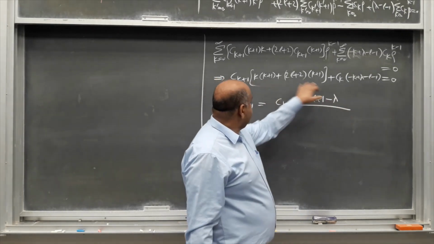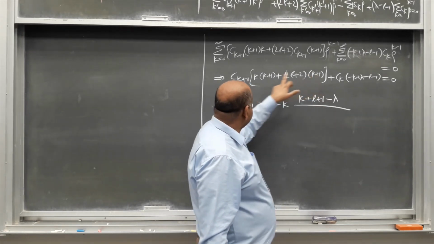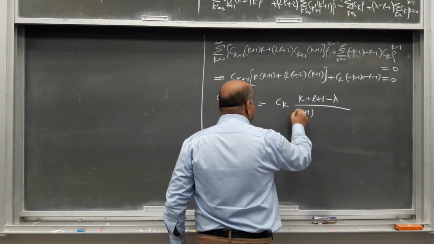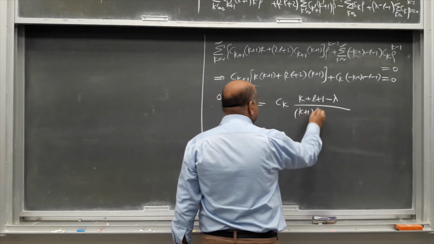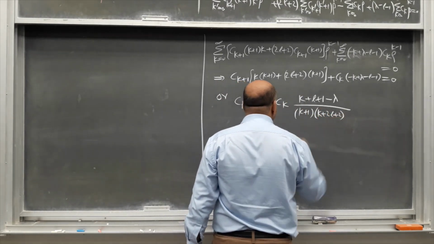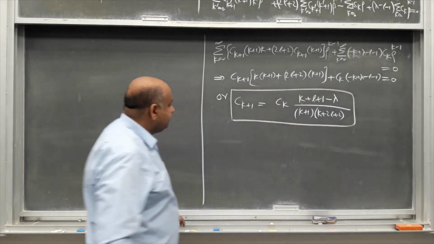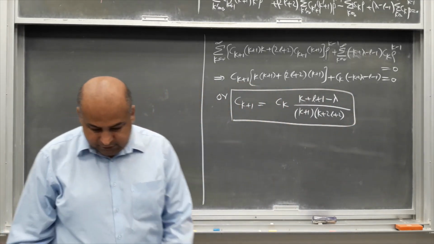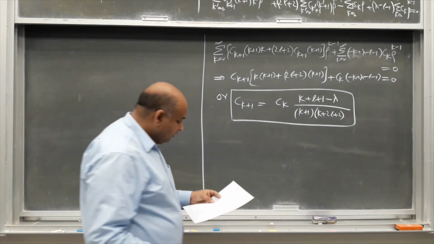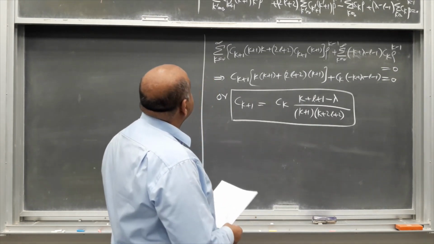With this I have to divide on this side, and while dividing let me take k plus 1 common between these two terms, so I get k plus 1 into k is left here and 2l plus 2 here. So this is the recurrence equation that can give us the coefficients for all of these terms.